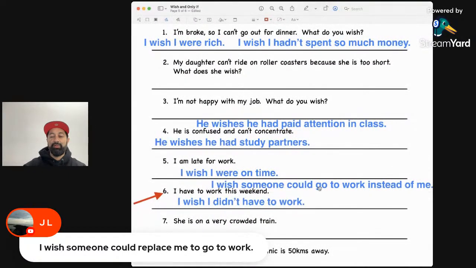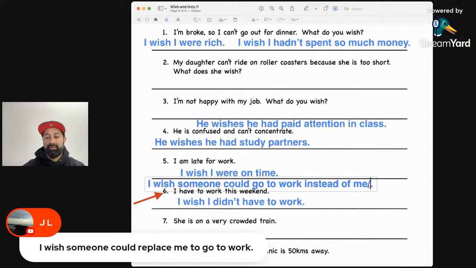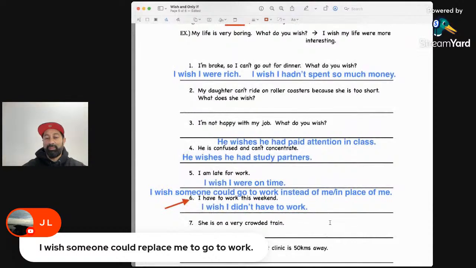Okay. Two words we can say here. Instead of me or in place of me. So instead of me means they go, I don't go. In place of me, kind of like my substitute.